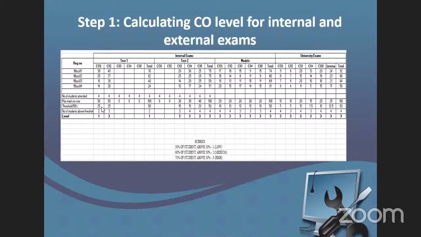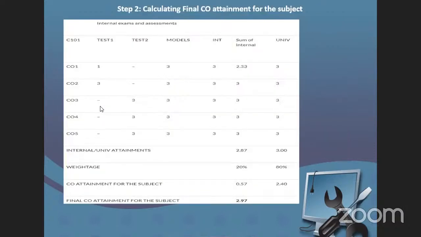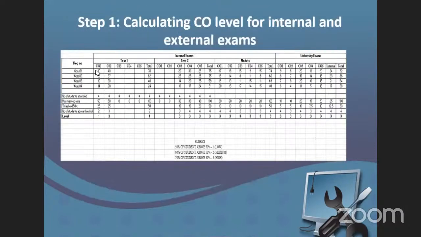It is 25. For 50, 50% is 25. For 30, 50% is 15. For 40, 50% is 20. For 100, 50% is 50. So first we mark the threshold. For this 25, how many have got above this threshold? How many have got above 25, and 25 and 30?